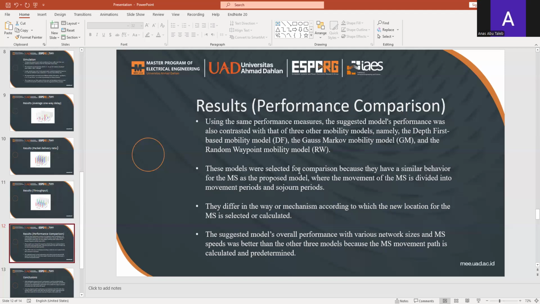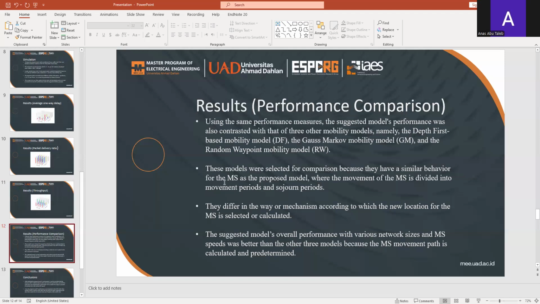Upon arrival to a node or near to a node location, the mobile sync will enter a pause period. When the pause period expires, it will choose another location based on that algorithm and start moving to it with a specific speed.